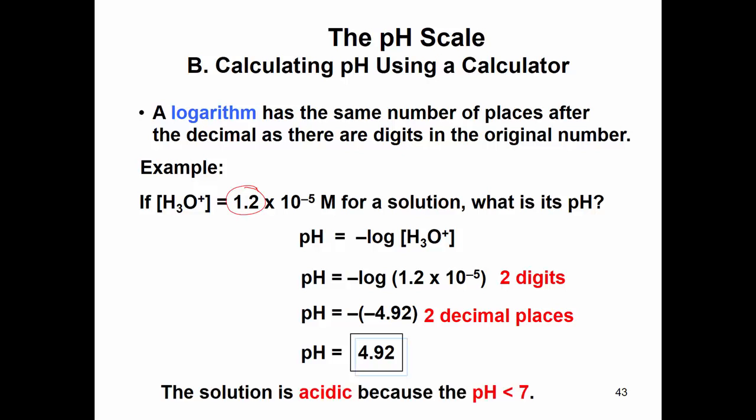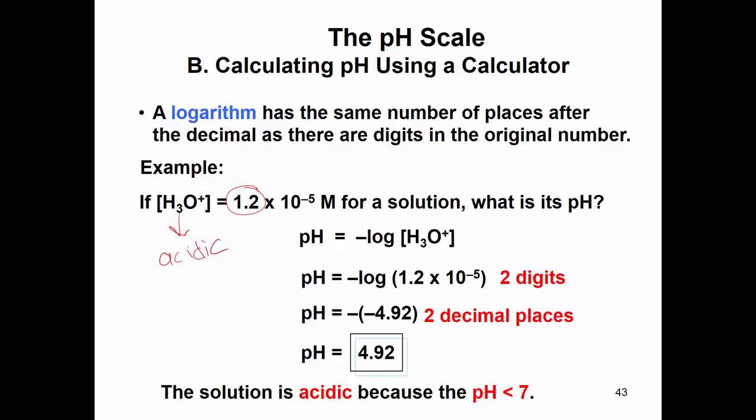Okay, now think about it. Does it make sense? Okay, look here. My hydronium concentration is more than 1.0 times 10 to the negative 7. Remember that negative number there. If it's a negative 5, that's more than negative 7. So I have more hydronium concentration, so I would expect, since hydronium means acidic, that I'm going to have an acidic solution.